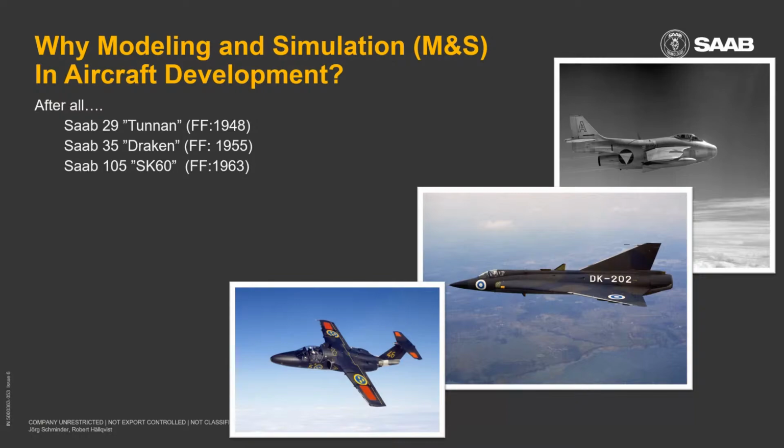In the middle, we have my personal, at least aesthetically, favorite aircraft, the Saab 35 Draken, or Dragon. And we have the trainer aircraft, the Saab 105, at the bottom. According to the myth or anecdote, the Draken did not have a top speed. It would simply accelerate until it ran out of fuel.